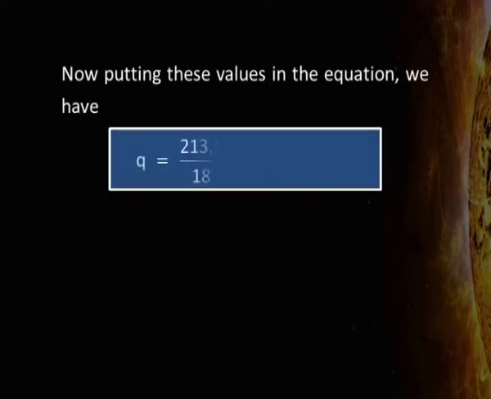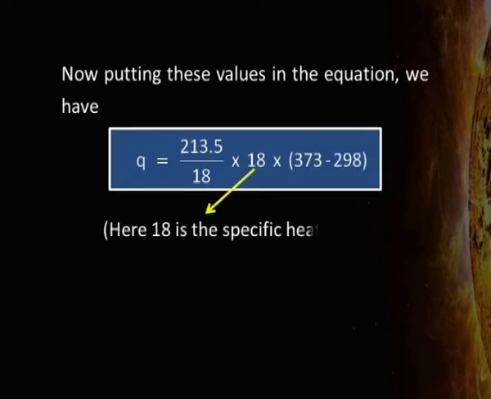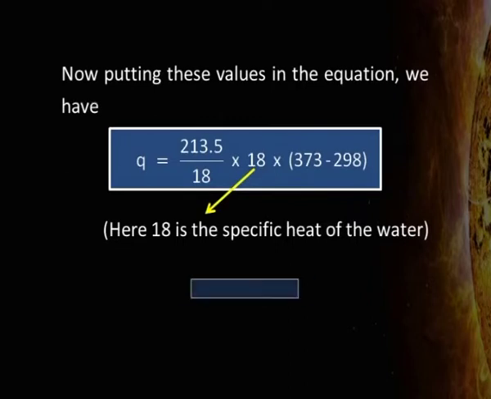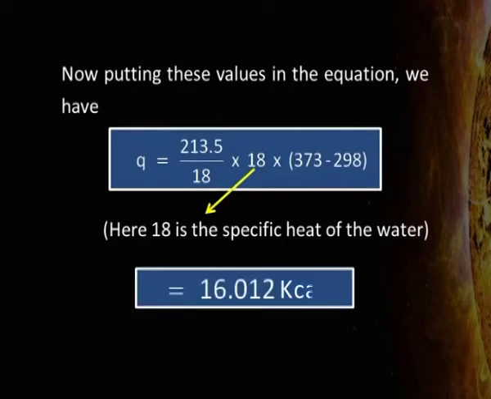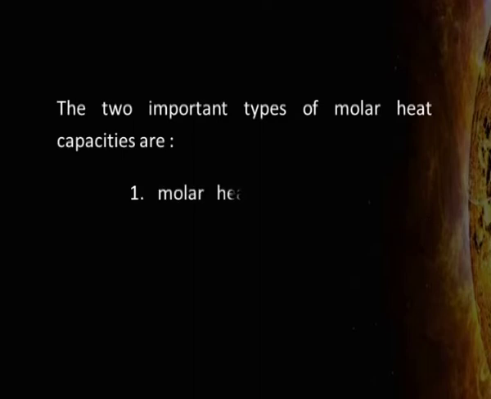Now, putting these values in the equation, we have Q equal to 213.5 divided by 18 multiplied by 18, where 18 is the molar heat capacity of water, multiplied by 373 minus 298. Q will come out to be 16.012 kilocalories.